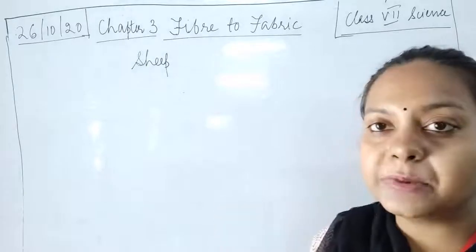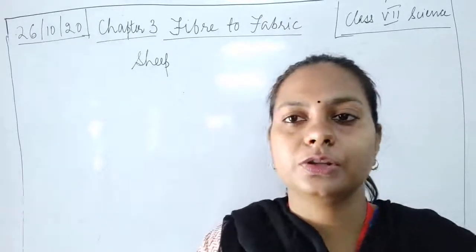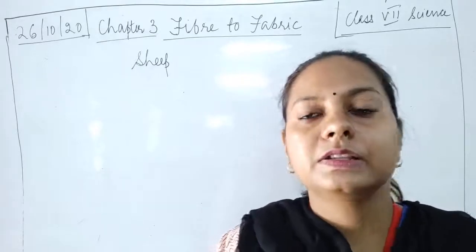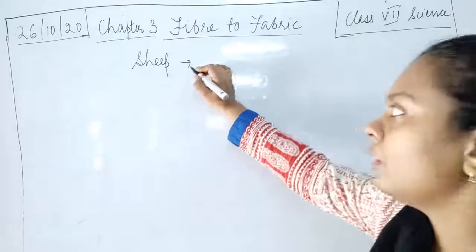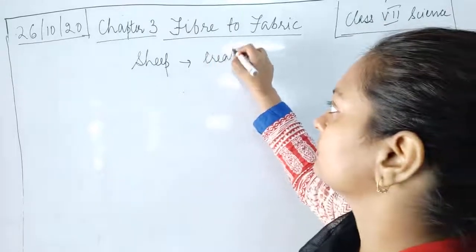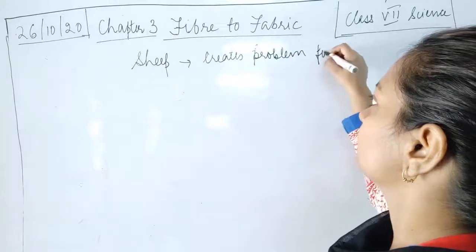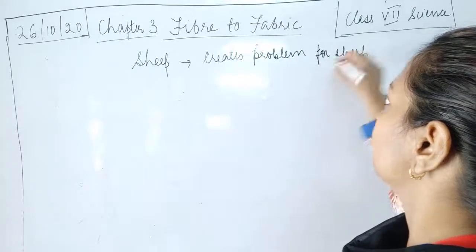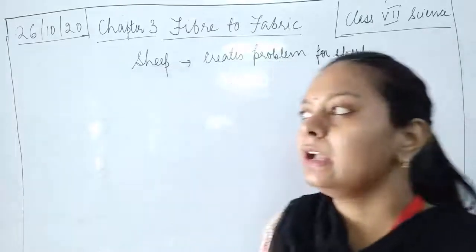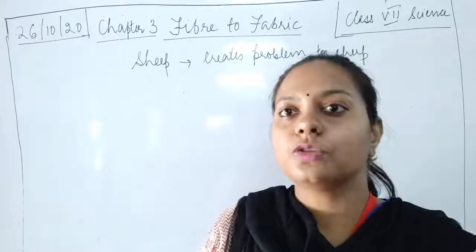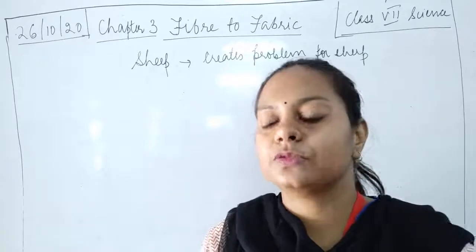And this hair becomes useless because during summers, if the hair is present on the body of the sheep, it creates a problem for the sheep. That is why there is one use of this fleece, that is, it is used for creating different types of wool.